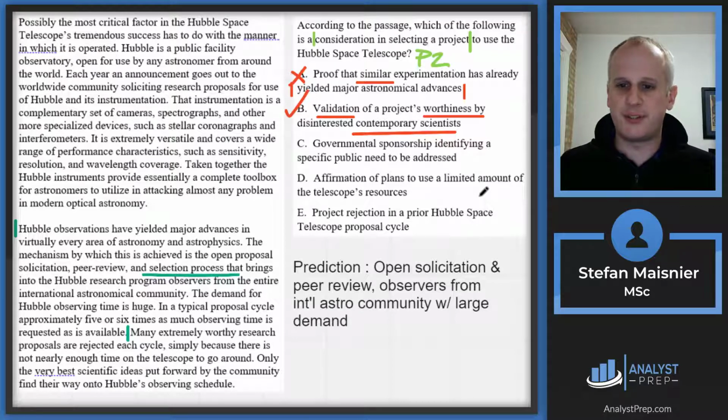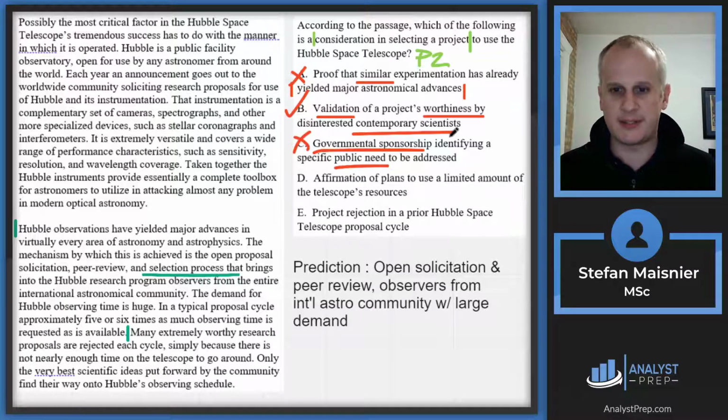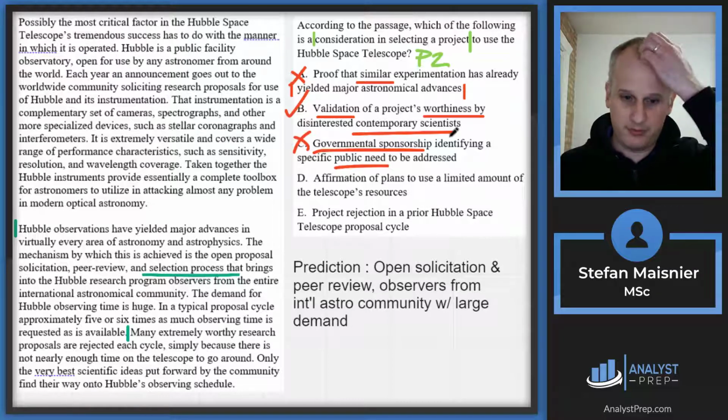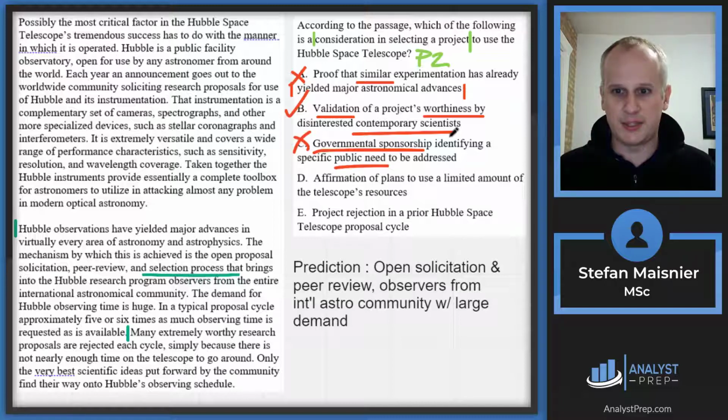Now, governmental sponsorship identifying a specific public need to be addressed. Well, we're not talking about governmental sponsorship nor a public need, so neither of those match the passage. Affirmation of plans to use a limited amount of the telescope's resources. Again, we say that the resources are limited, but we don't say that if you show you're only going to use a little bit of the telescope's tools that you'll get to use them.